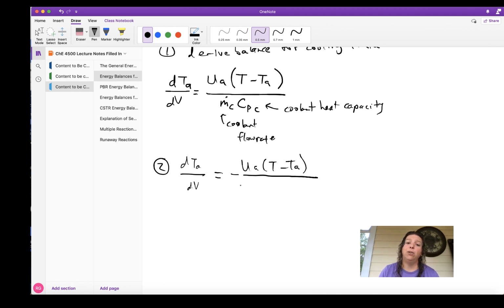The way I do that mathematically is just to put a negative sign out front. Sometimes you will see that instead of a negative sign out front, these two values will be switched, so you'll have no negative sign, and instead you'll have TA minus T in parentheses. Either way is fine. Finishing up here, I have an MC CPC, where the C indicates coolant, and again, I can have a mass flow rate or a molar flow rate in the denominator as long as my units are consistent.